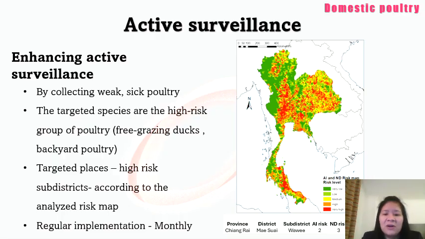There is a number of samples that they have to collect, looking for weak or sick animals and targeting only high risk groups of poultry, basically free grazing and backyard poultry. We do this regularly, monthly, with samples submitted to the lab and monitored for any cases of HPAI.